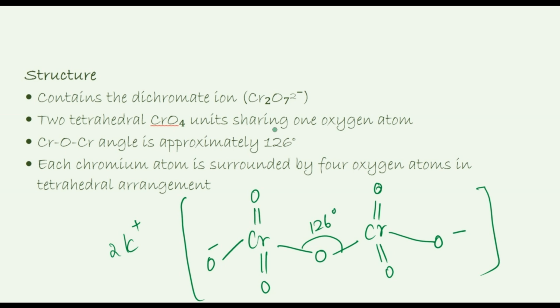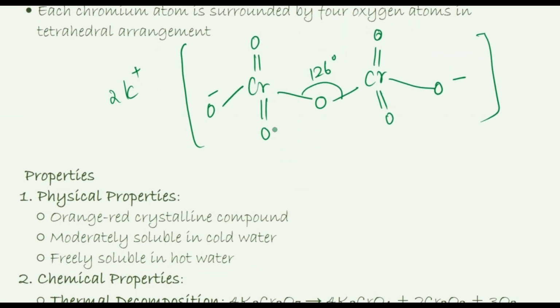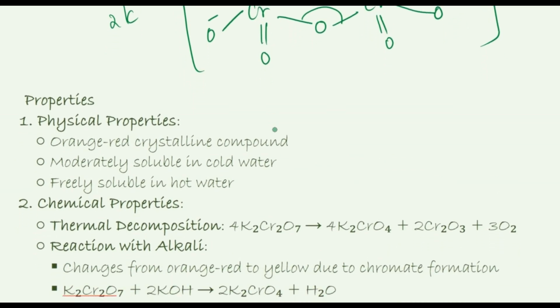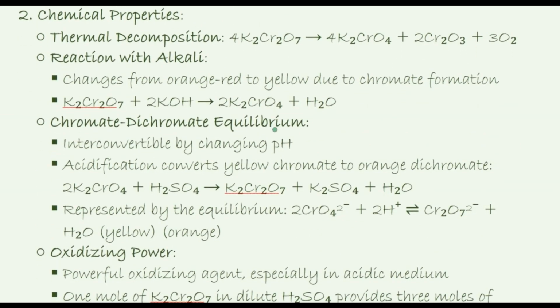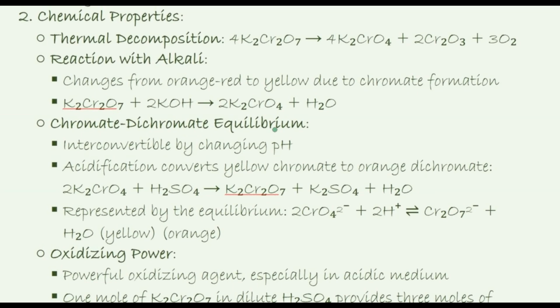So what properties can it exhibit? I told you it is an orangish red crystalline compound, moderately soluble in cold water, freely soluble in hot water. Talking about the chemical properties, it undergoes thermal decomposition. It reacts with alkali to form the chromate compound, K2CrO4, and chromate and dichromate maintain an interconvertible equilibrium.